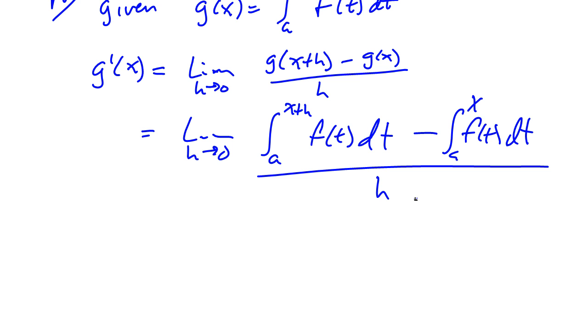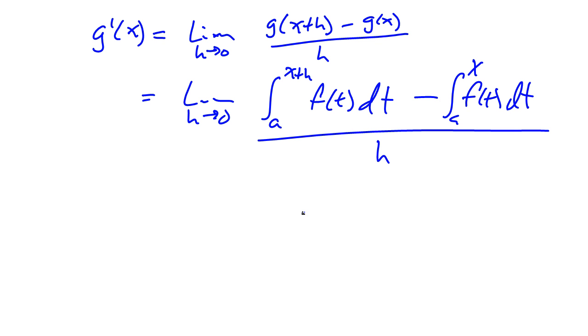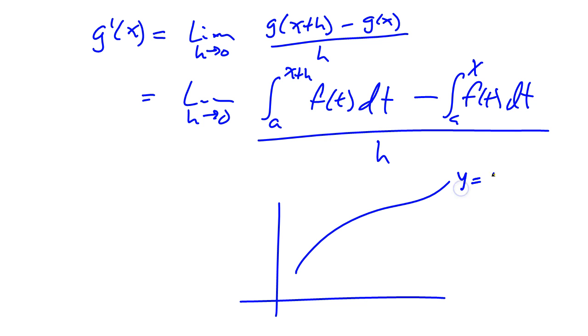Now, I want to look at this integral and that integral as a picture. I'm going to come back to what this is equal to. Let's draw a picture in here. Here's my function, y equals f of x or f of t, whichever one you want. Here's a, here's x plus h.